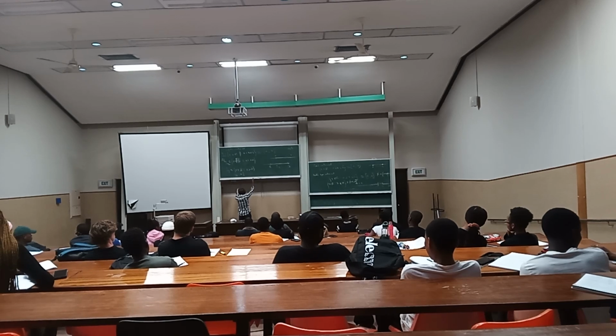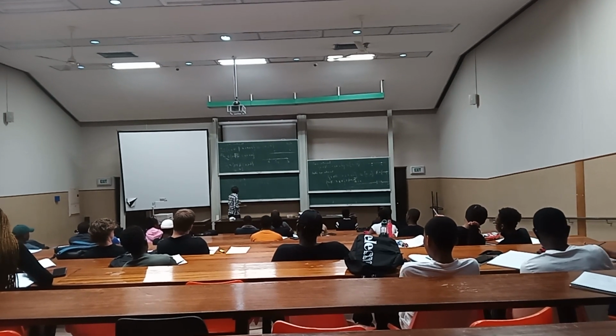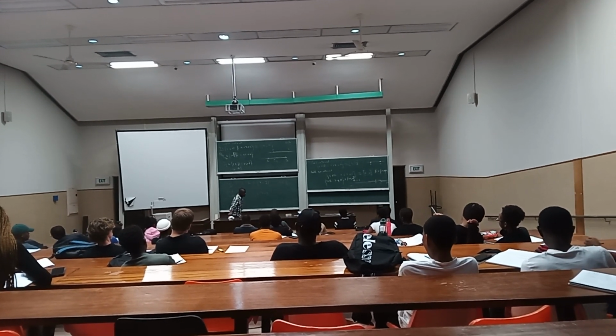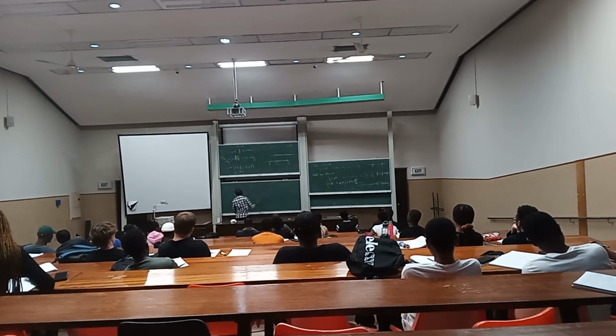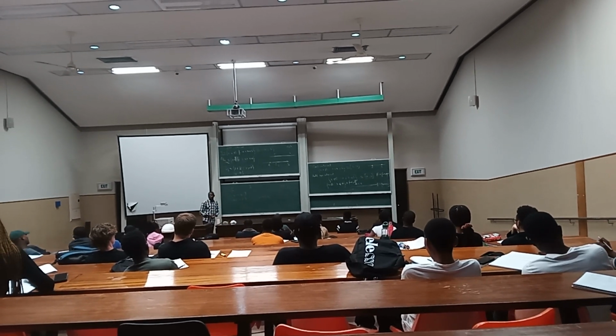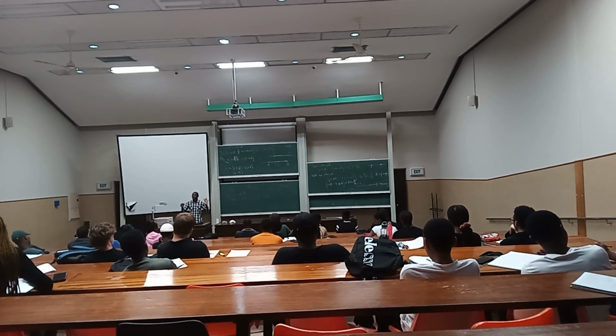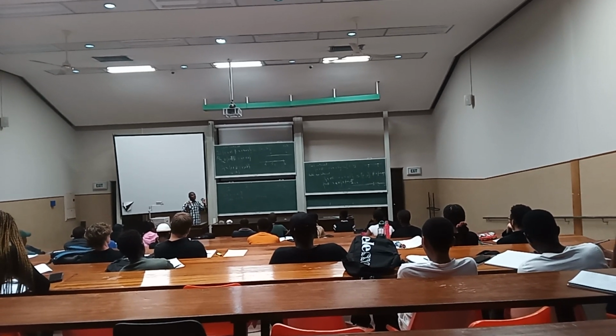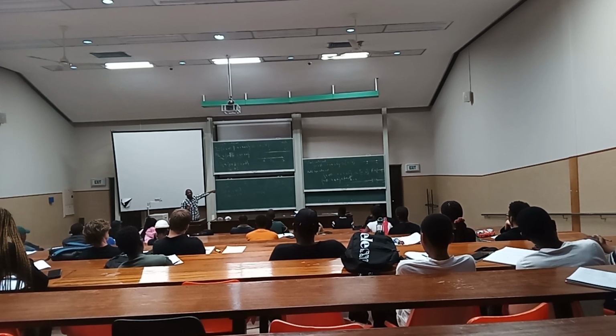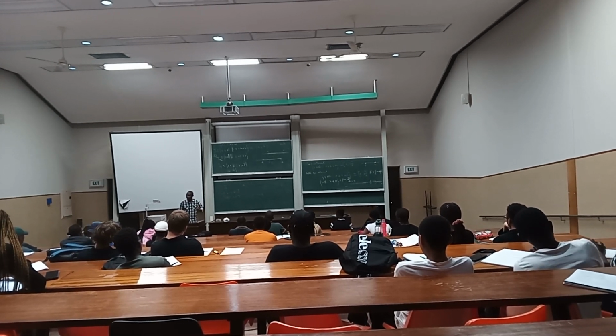Let me show you what I mean. This is my interval, an arbitrary interval. Now let me pick 2 random points from this interval, which I denote x and y.